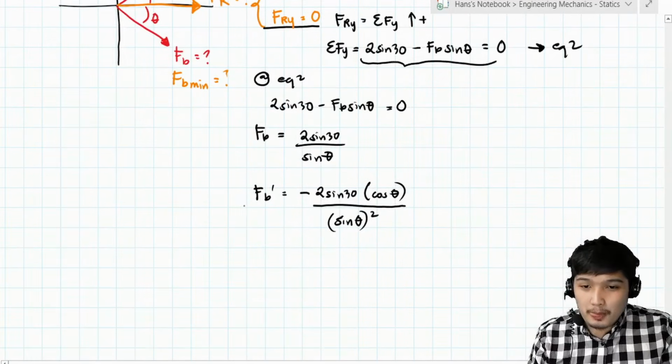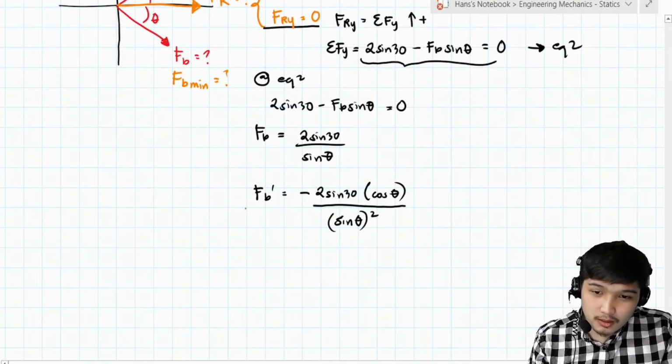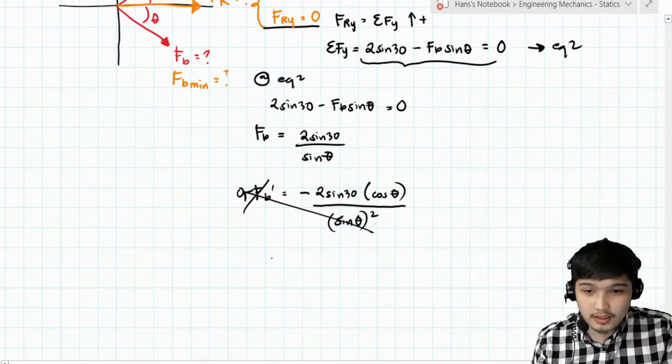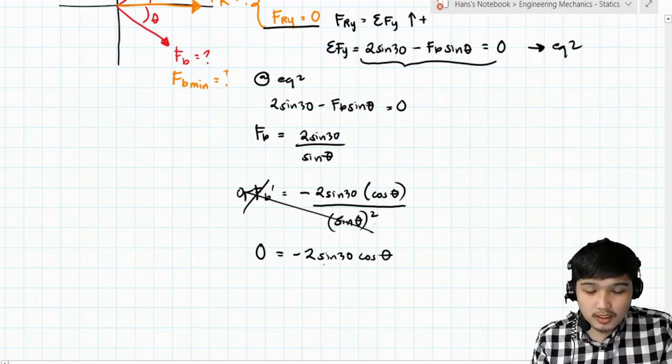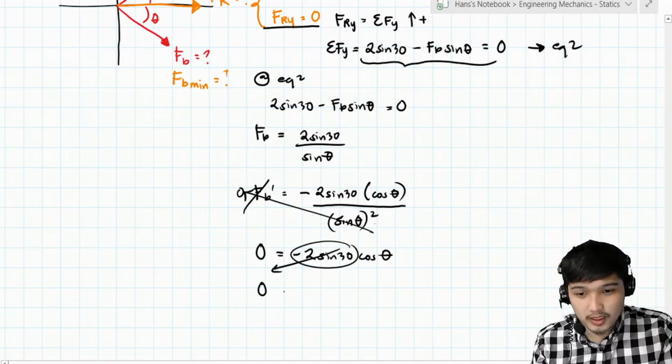Okay, so paano gagawin after that? Gawing 0 to. So, pag tinranspose ko to, nonsense na lang siya. Lumalabas, 0 is equal sa negative 2 sine of 30 cosine of theta. Ita-transfer ko lang yan para mag-0, so magiging 0 is equal sa cosine of theta.